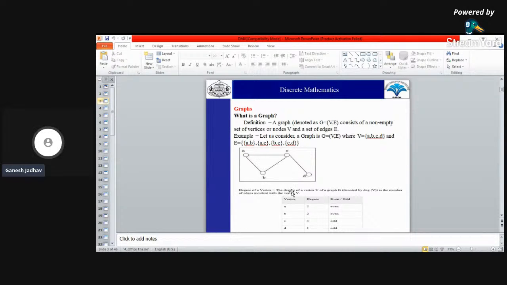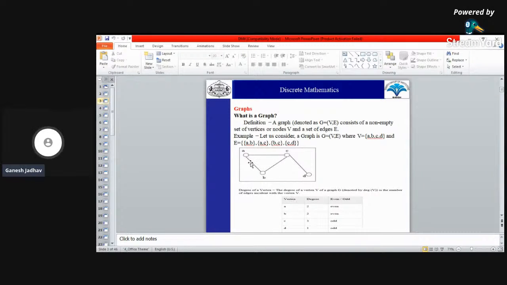So the degree of the vertex. The degree of the vertex v of the graph G is denoted by deg(v). This is the notation. The degree of v is the number of edges incident with that particular vertex.